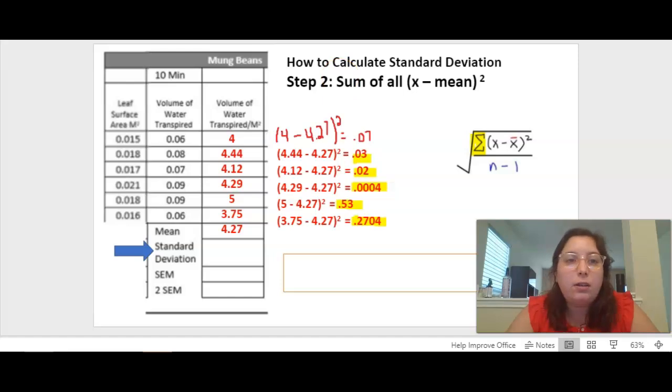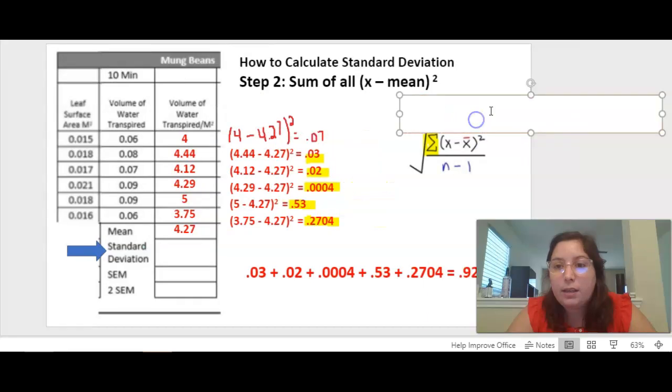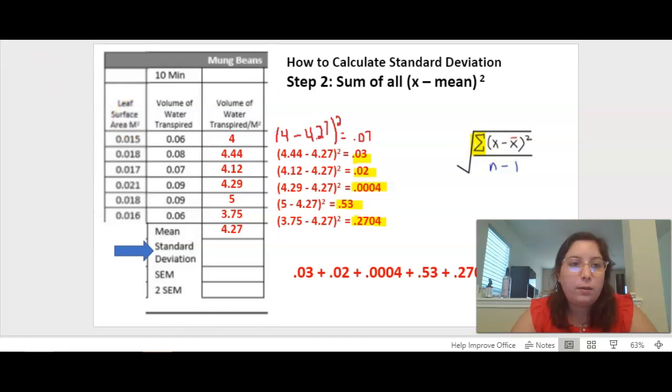So I'm going to take all of these and add them up, and it's going to give me this answer. So if I take 0.07 plus 0.03 plus 0.02 plus 0.004 plus 0.53 plus 0.274, I just calculated the sum of all of our answers.